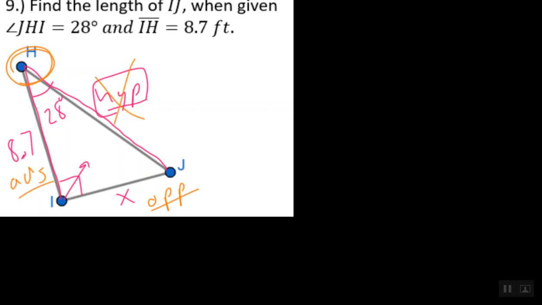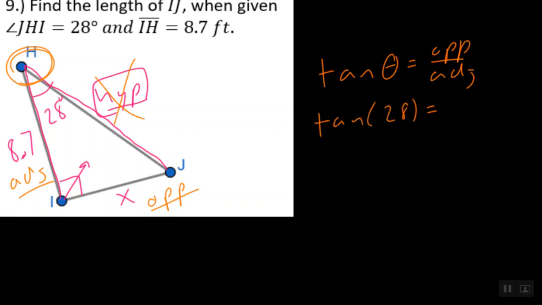Well, clearly the hypotenuse is our useless piece of information because it has no good information, and so we're looking for which trig function uses the adjacent and the opposite. In this case, our function will be tangent theta is equal to the opposite over the adjacent. Now let's go ahead and fill in everything. So we have tangent of 28 degrees is equal to the opposite, x, over 8.7.